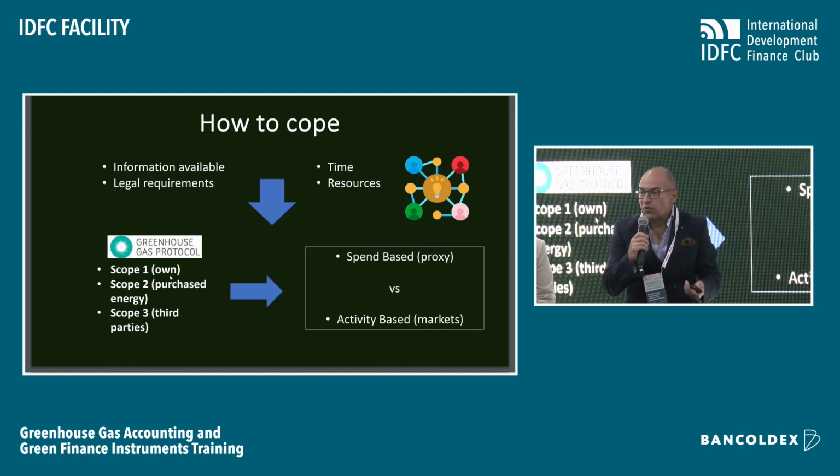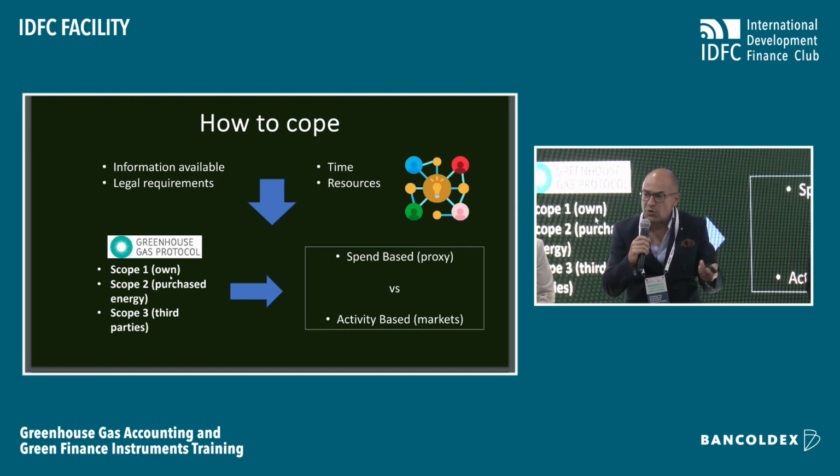How to cope with all these information requirements? You have probably heard about the European directive that now requires every large company to provide information on the carbon footprint of all activities and goods. Then you have tools like the Greenhouse Gas Protocol and Scopes 1, 2, and 3, with Scopes 1 and 2 being the easy ones, because they are related to your boundary, your facilities.